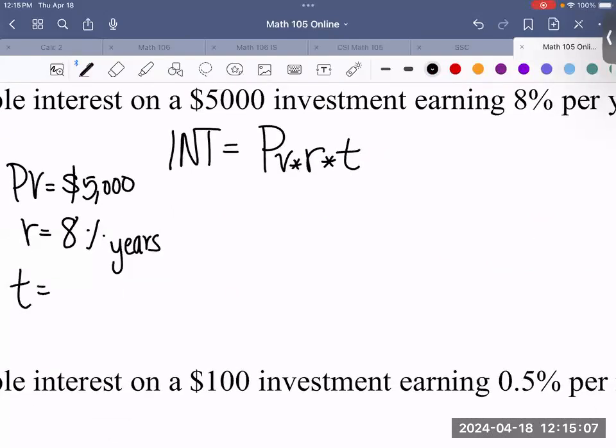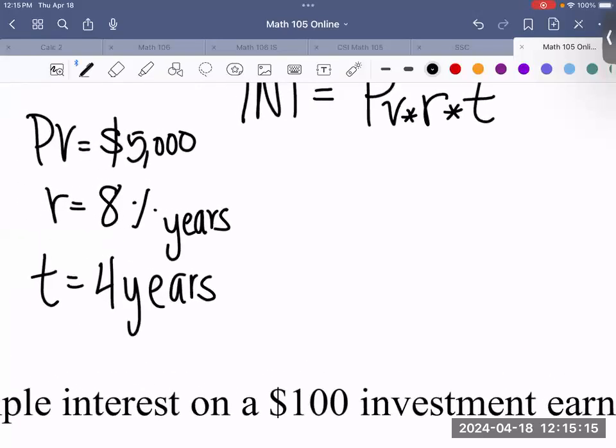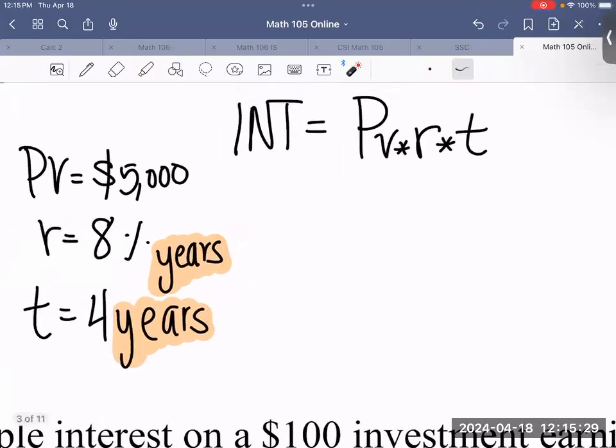And your time, they said, was for 4 years. I like to label everything so I know where to get started. And one thing I'm going to really hit home on is that your rate and your time always need to match. So this being years and this being years, we have no clash or conversion that we need to make. So we can just throw it into your equation.